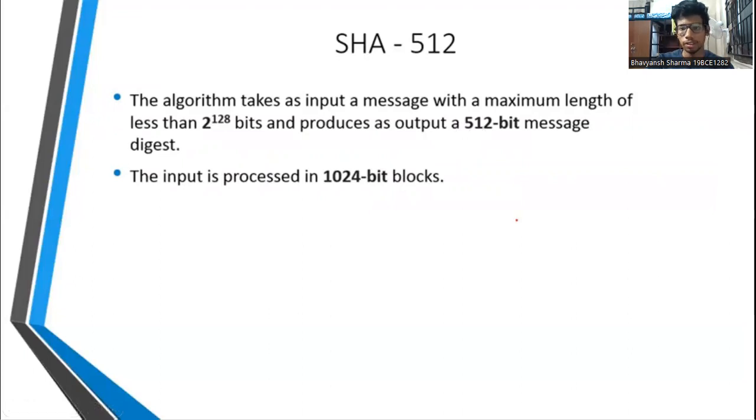That's why it is collision resistant and also provides very good security. The input is processed in 1024-bit blocks. If I have, let's say, a 2048-bit message, it would be divided into 1024-bit blocks, so two blocks would be there and they would be processed in parallel.